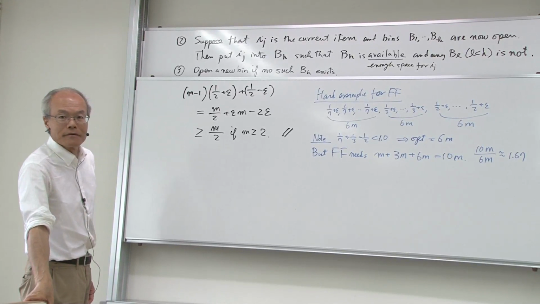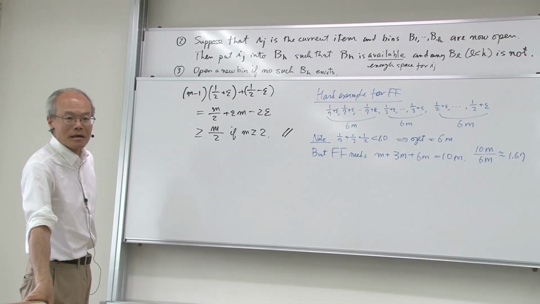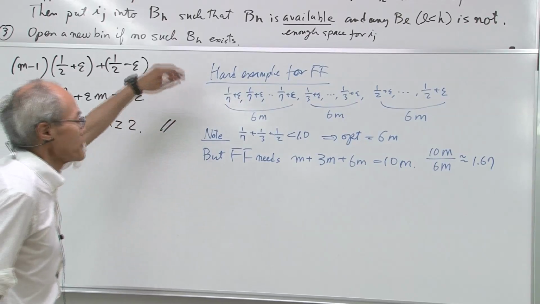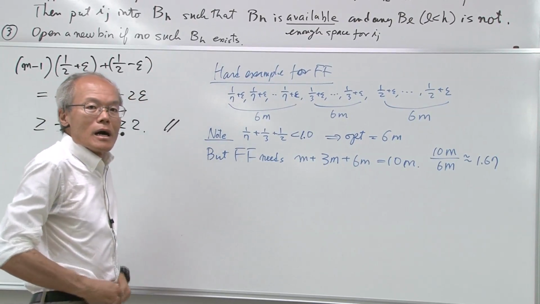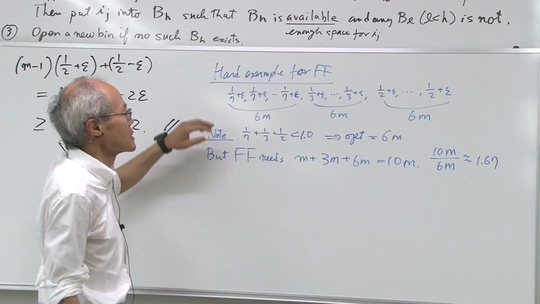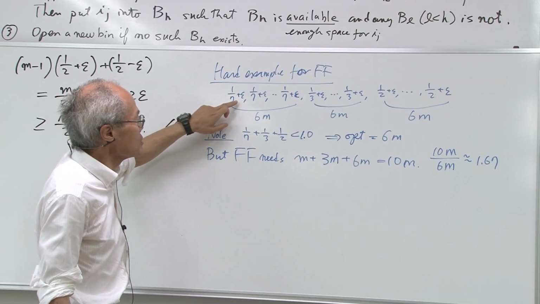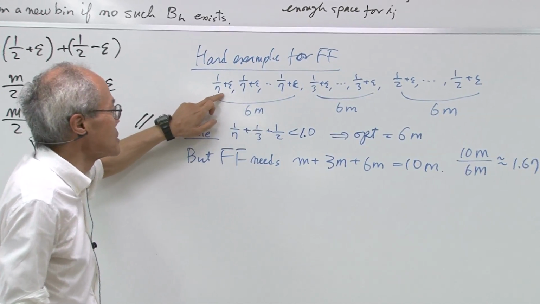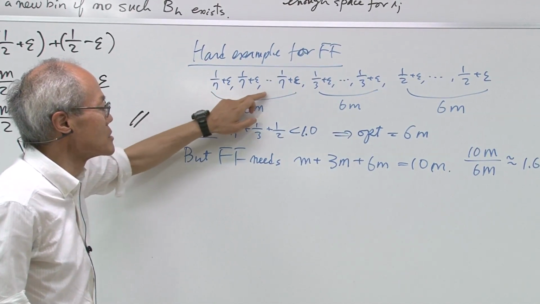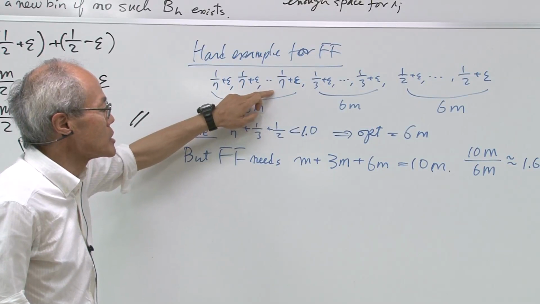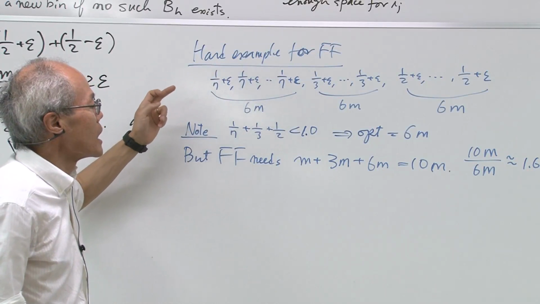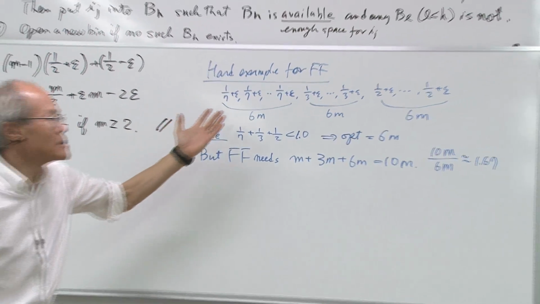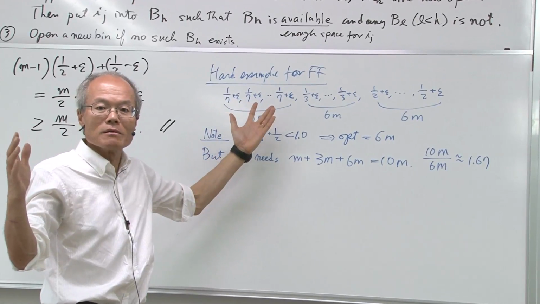What does FF look like? FF works as follows. Put items into this bin, this bin, this bin, and the same kind of items into the same bins. We can put six items into one bin, right?